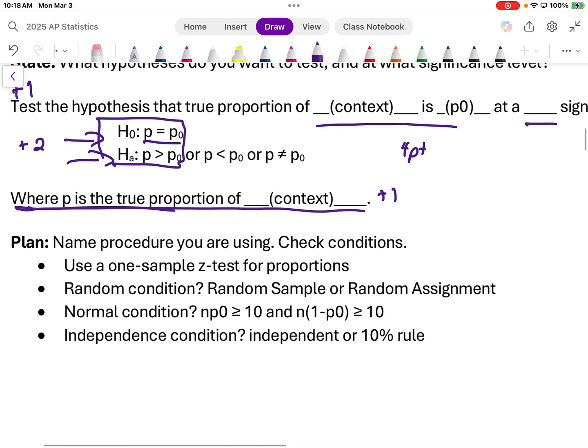In our plan stage, we're going to do a 1 sample z test for proportions. Remember, last chapter was a 1 sample z interval for proportions. Now it's a z test. We make sure we go through the conditions here. And I'm sorry about the big fonts there.